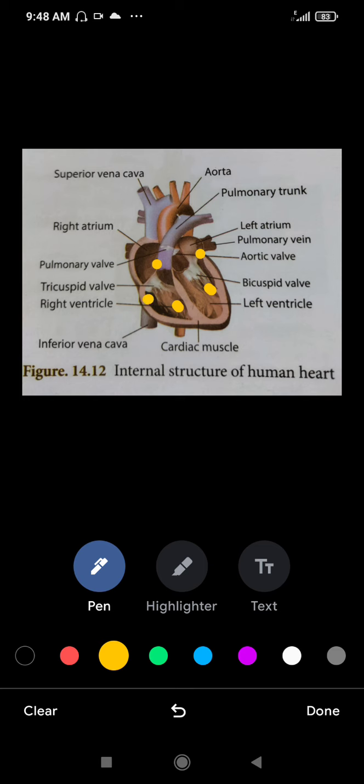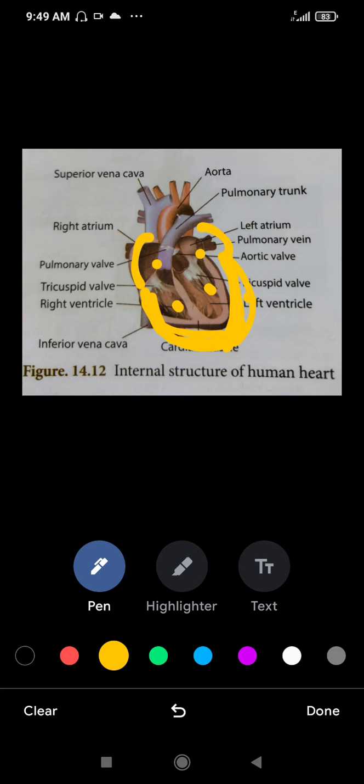The ventricles are thick-walled, while the atria are thin-walled. So how many chambers are there in the heart? There are four chambers: the upper two chambers, the atria, and the lower two chambers, the ventricles.